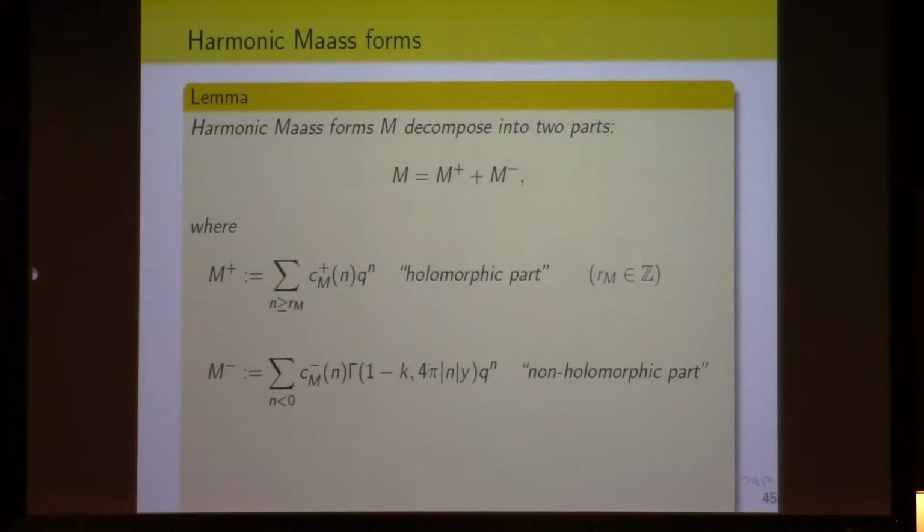So q to the n, now we're summing over negative powers q to the n, for some coefficients, and then multiplied by some incomplete gamma function. And you see there that this incomplete gamma function takes as one of its parameters the imaginary part of tau. This is not holomorphic. So all harmonic Maass forms decompose into two pieces like this.